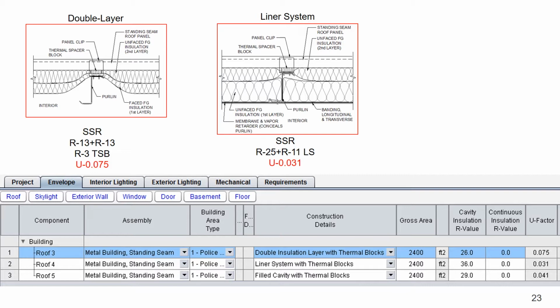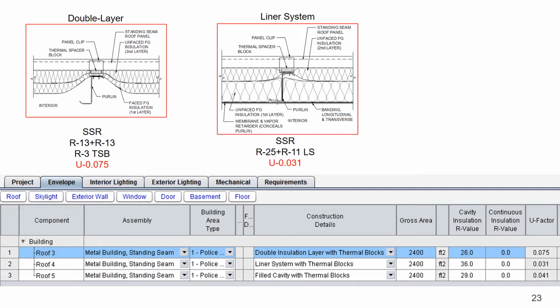As we reviewed in one of the earlier webinar series, a liner system has a membrane or a vapor retarder that is held up by 1 inch or so steel banding attached to the bottom flange of the purlin, spaced longitudinal and transverse, and then the unfaced fiberglass sits on top of that, and then the top layer is compressed over the purlin with a thermal spacer block.